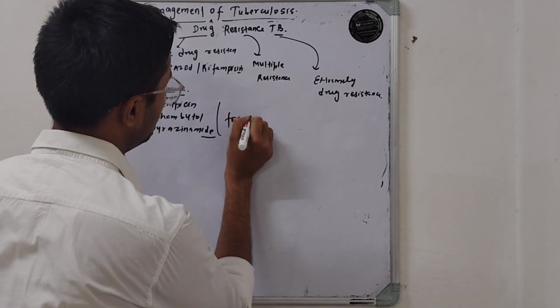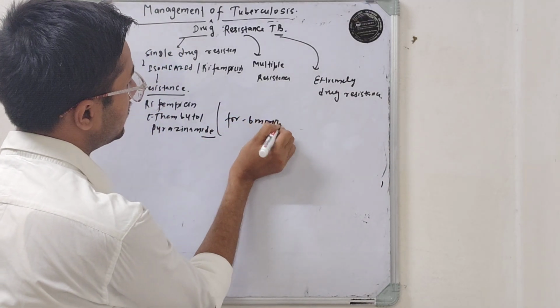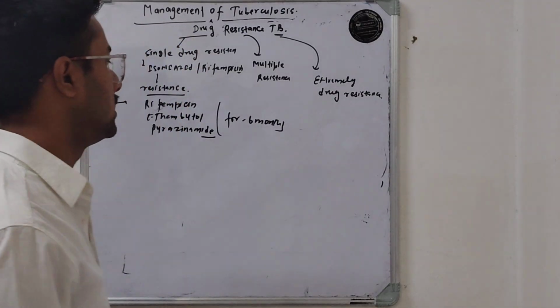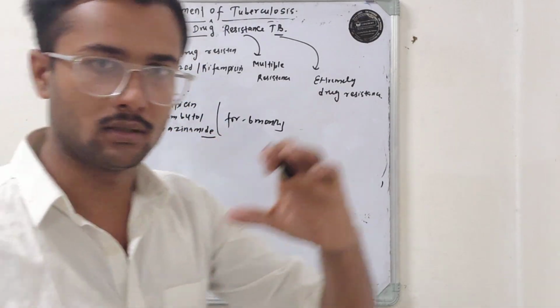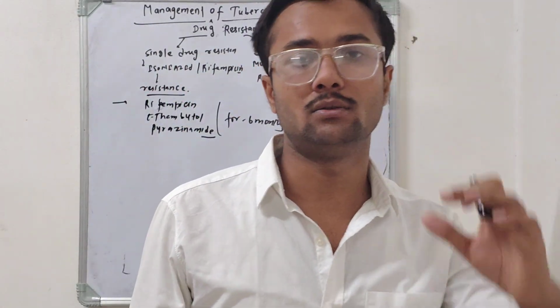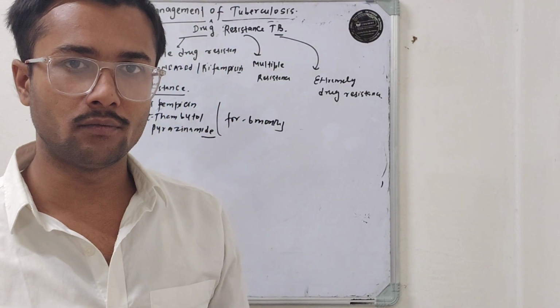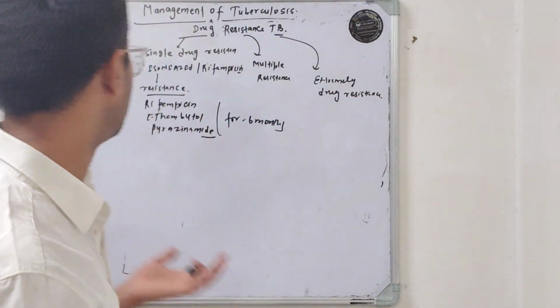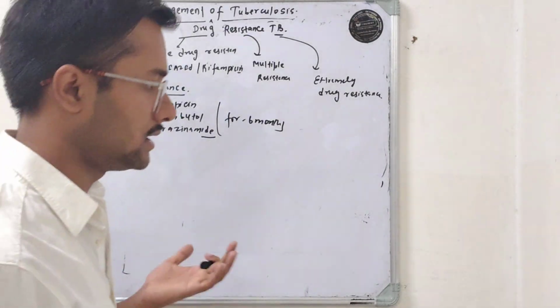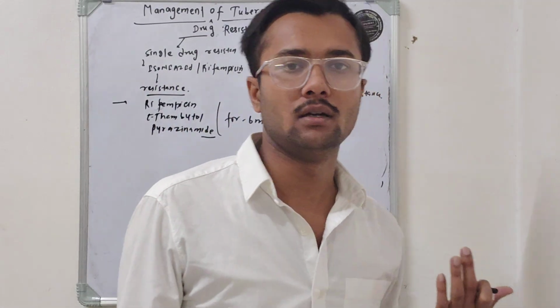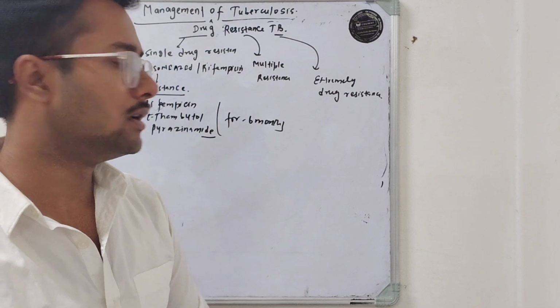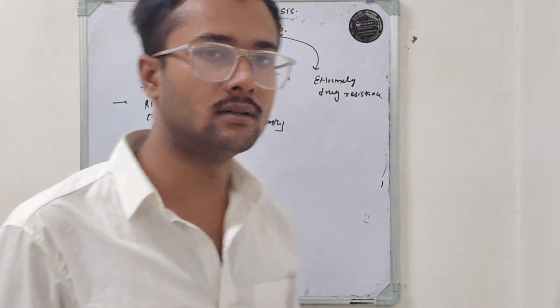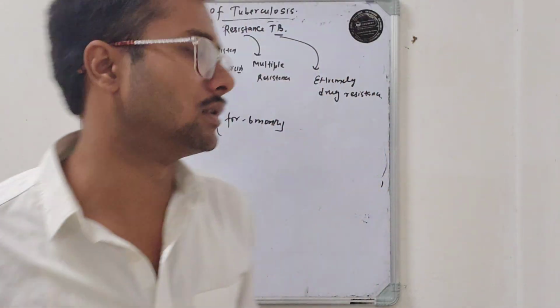We give these three drugs for 6 months. In drug sensitive TB, there are 4 drugs in the initial 2 months, and for the remaining 4 months we give 3 drugs. But in resistant TB, especially isoniazid resistance, we give 3 drugs for all 6 months.